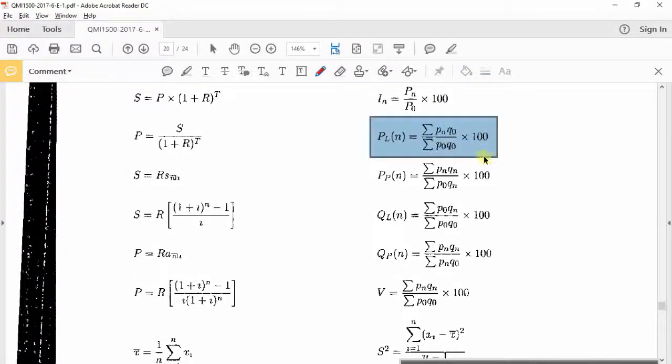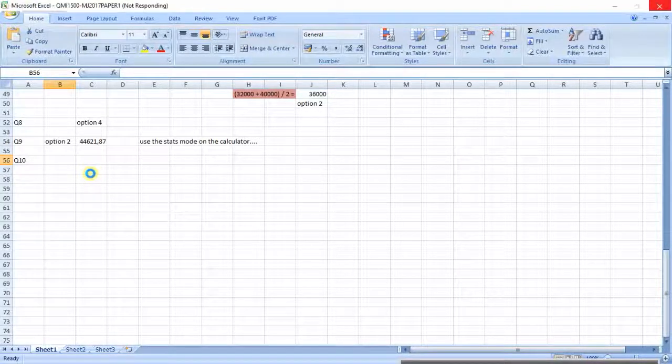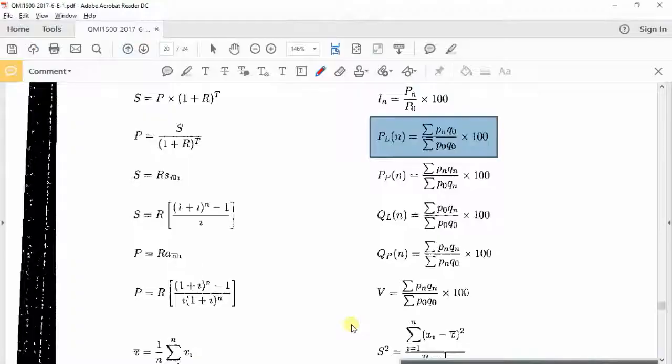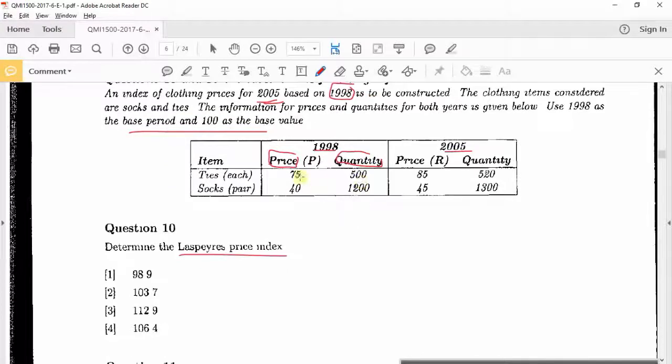You've got the same formula, good, so you're using the right equation. Take a snapshot of this and paste it here, and that's what I'm going to be using. Page 20 is the formulas, and 6 is where we are.